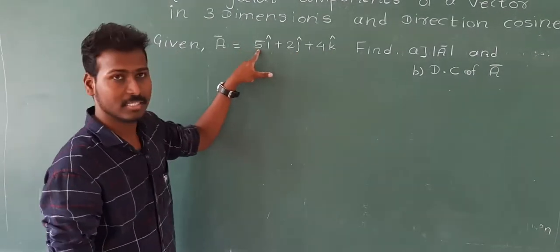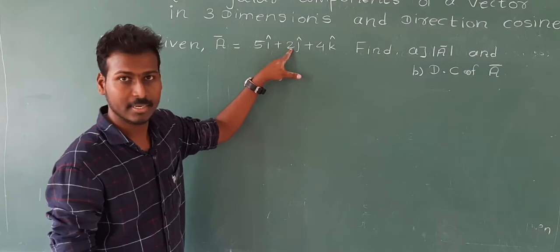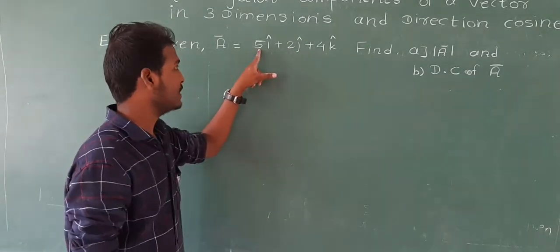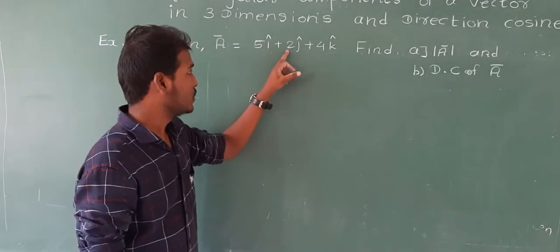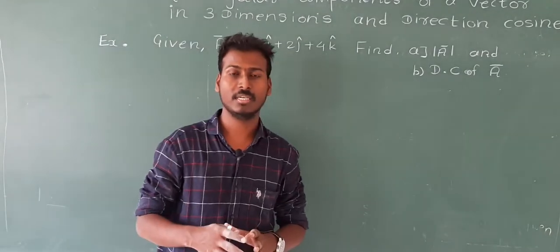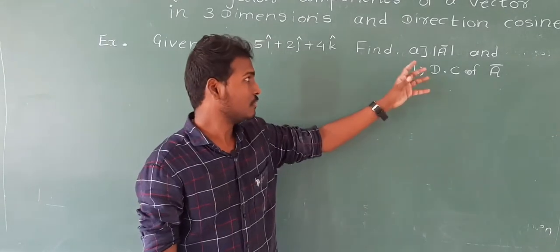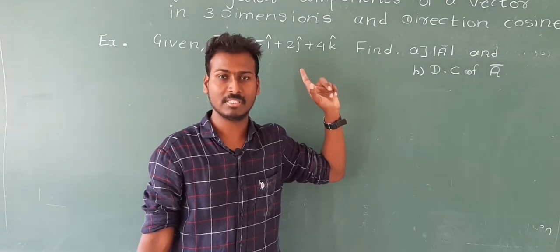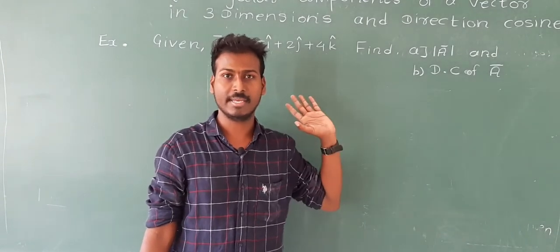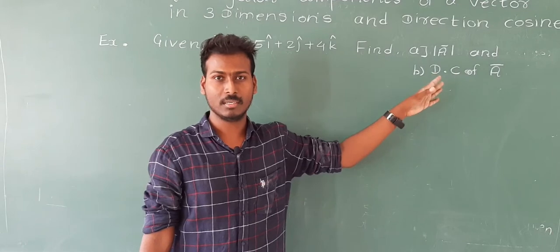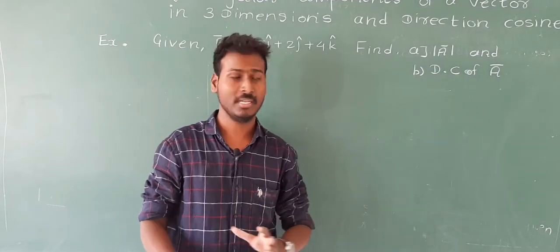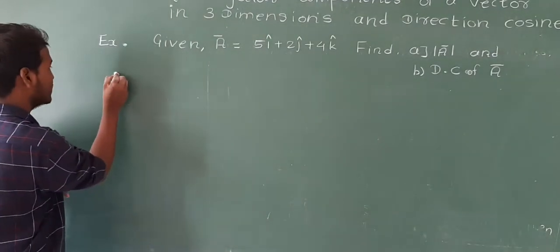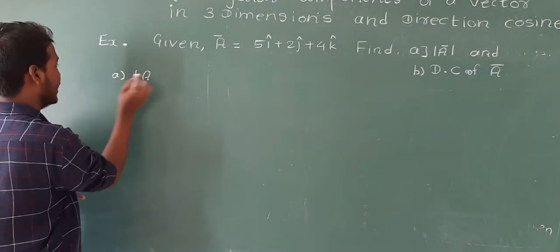Along the x axis it has magnitude 5, along y magnitude 2, along z magnitude 4. So 5 is ax, 2 is ay, 4 is az. They are asking us to find the magnitude of this three-dimensional vector. The second point, b, is to find the direction cosines of the given vector a bar. So first we will find the magnitude of a bar.